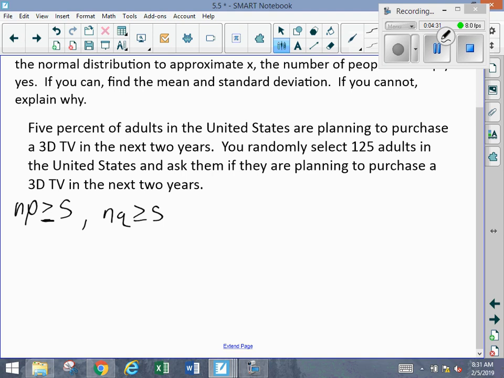So what is n in this case? N is equal to 125. What is p? It says 5%, right? So then p is 0.05. So is it the case that 125 times 0.05 is greater than or equal to 5?